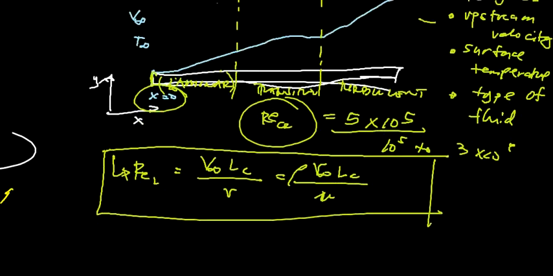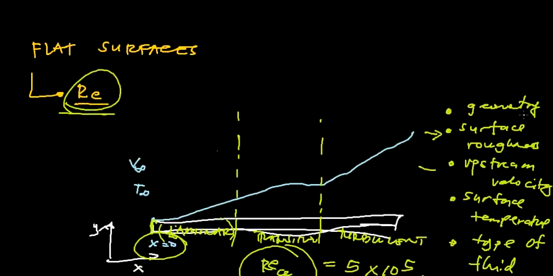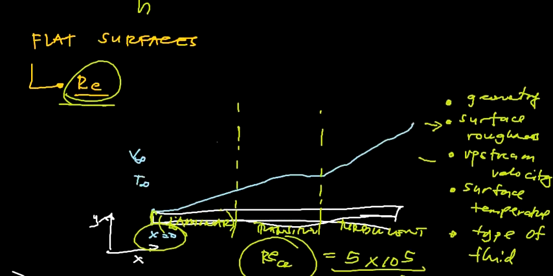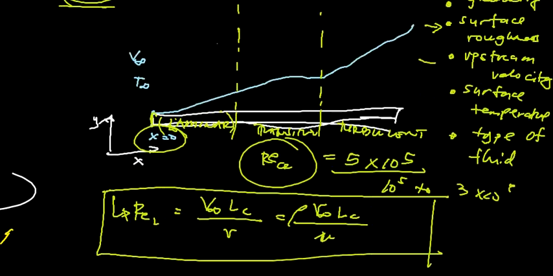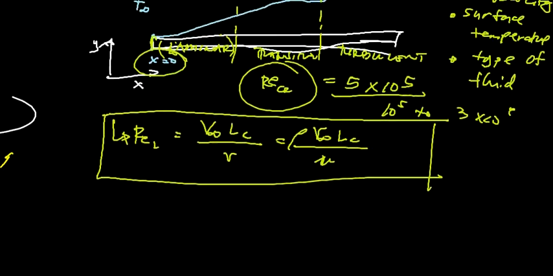Okay, so to help us solve our h, or our heat transfer coefficient over this flat surface, I have here some information. I have here a table that correlates the convection heat transfer over a flat surface.